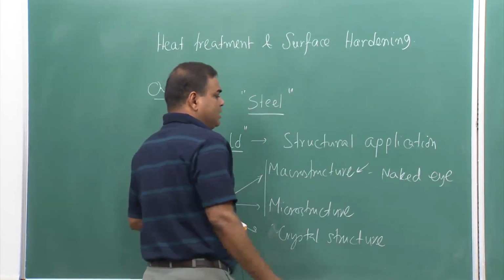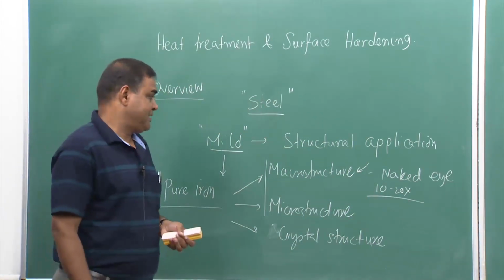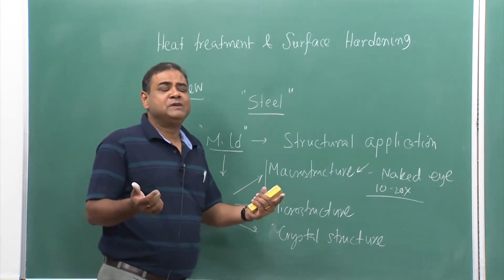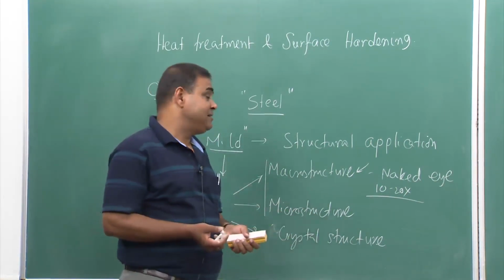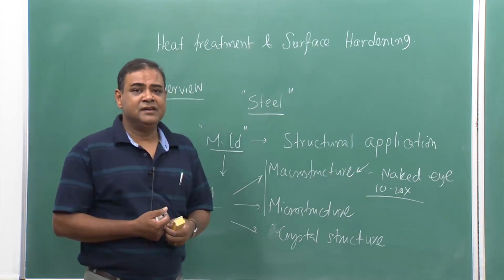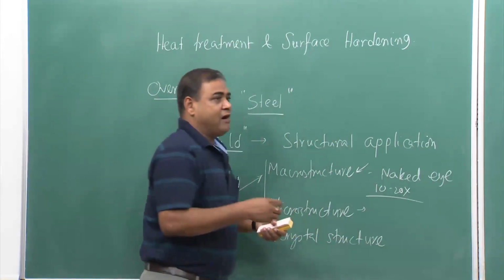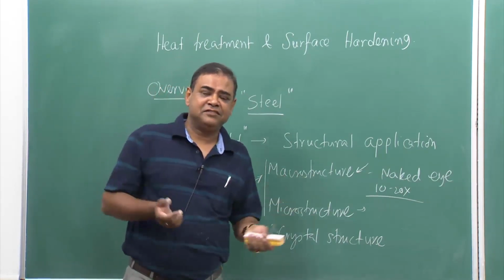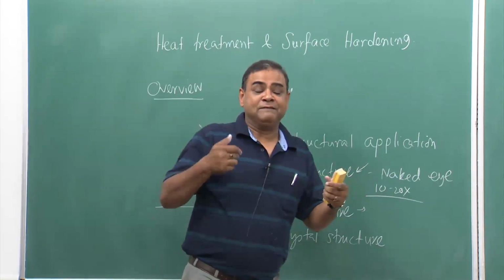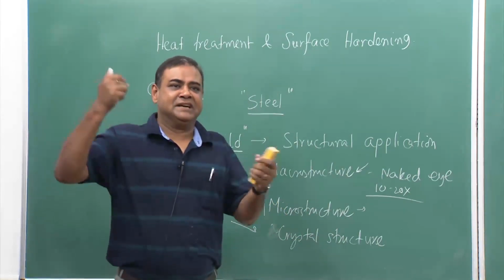and the magnification we can go up to, let us say, 10 to 20x depending on the power of the human eye. But whenever we talk about microstructure, that structure is inherent in any material, and we cannot see it with the naked eye. We need a microscope, and that can be a very small magnification, say 50x, that means we can blow it up by 50 times, or a very high magnification, up to 1,000,000 times.